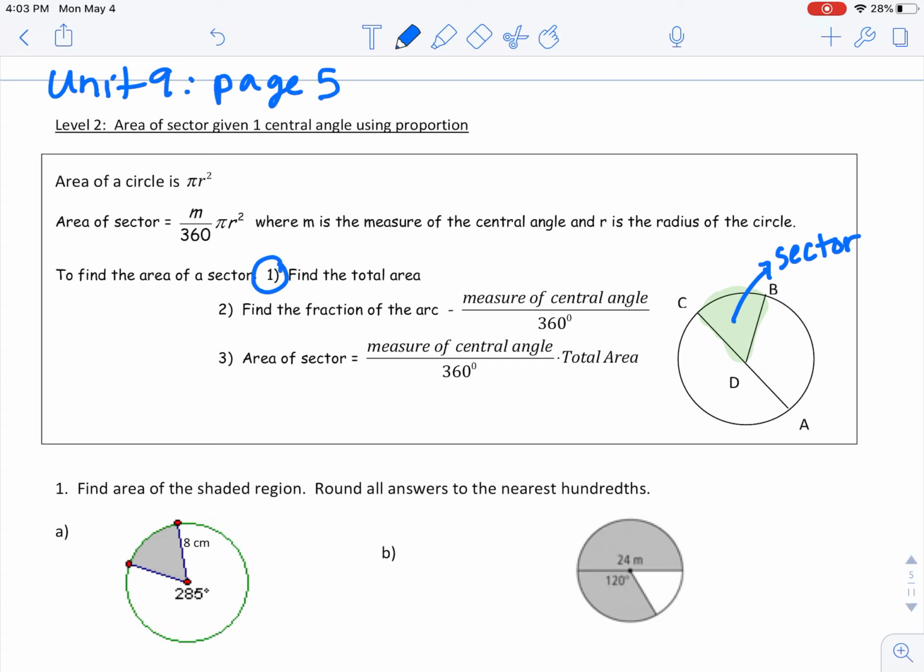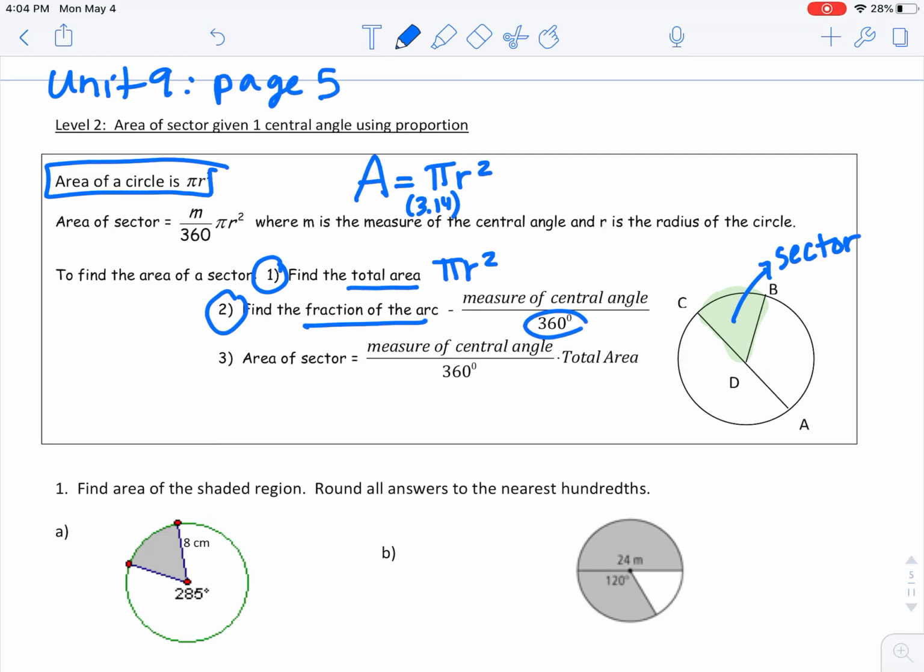Step number 1, you have to find the total area. We have to remember that formula for the area of a circle: pi r squared. Pi, remember, is 3.14. The second step is still the fraction, and it's always over 360.